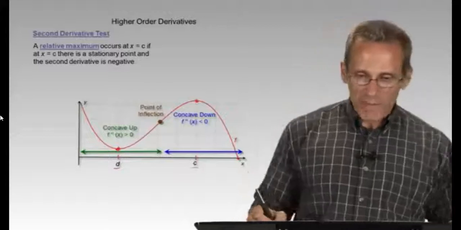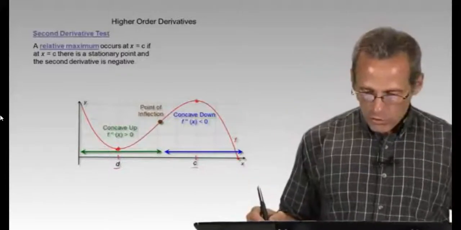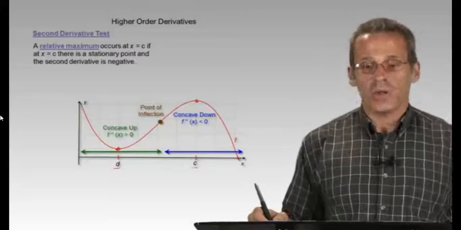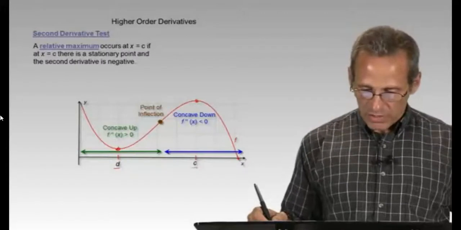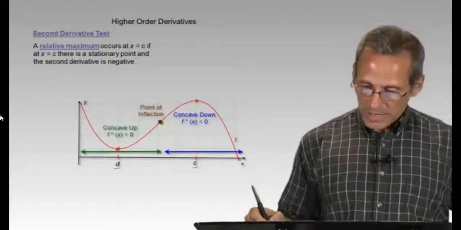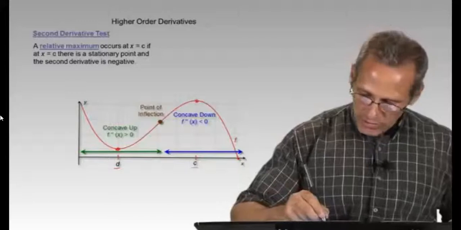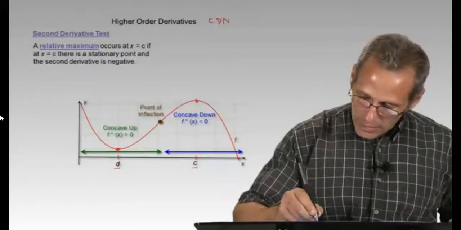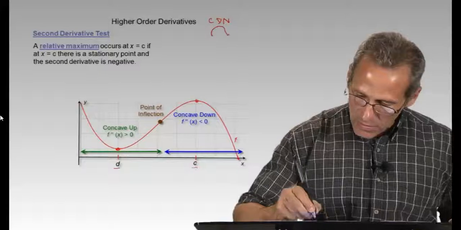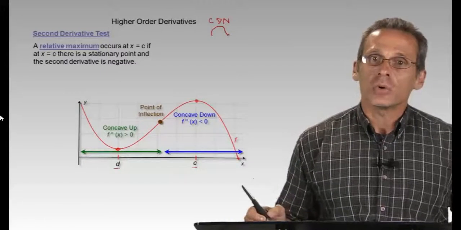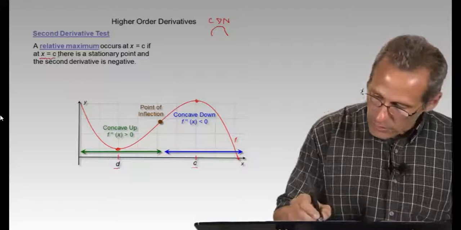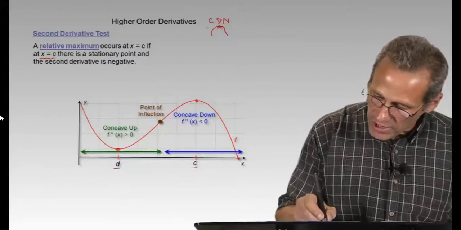It says a relative maximum occurs at x equals c if at x equals c there is a stationary point, and the second derivative is negative. Now think about this. If the second derivative is negative, concave down, you have an upside down U. If you know you have a stationary point at C, that means you have a horizontal tangent.